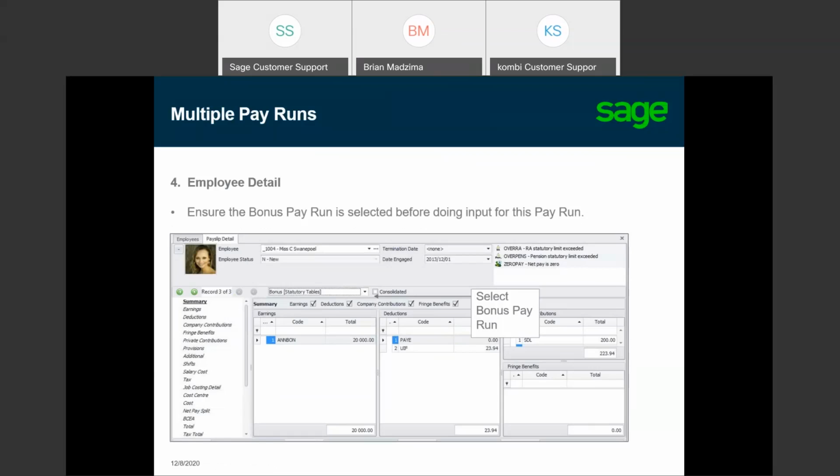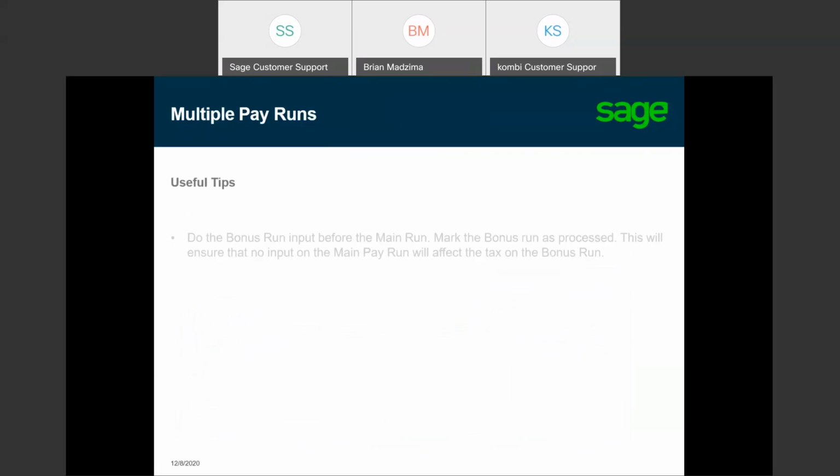Ensure that the bonus pay run is selected before doing input on that particular separate payslip or pay run. So it's important to ensure that when processing, the correct payslip is selected.